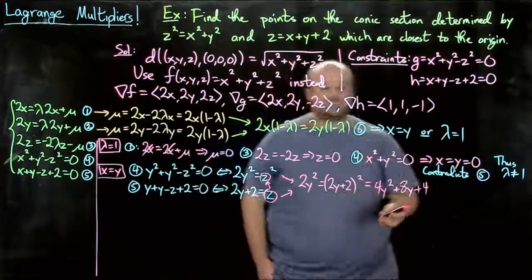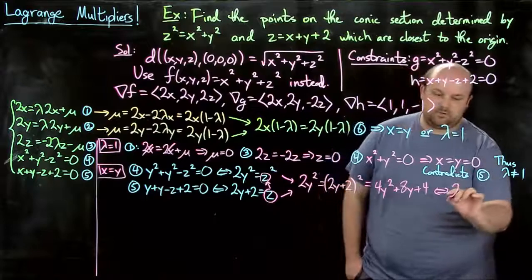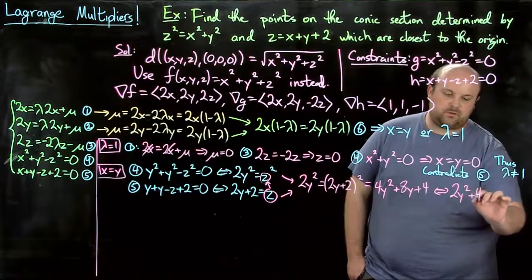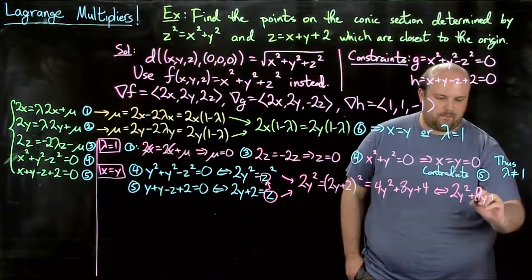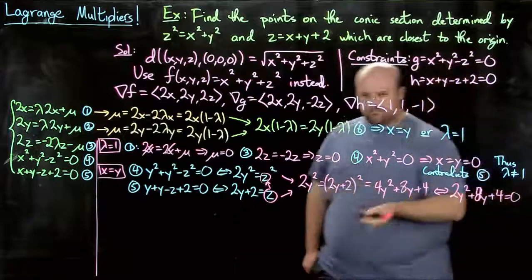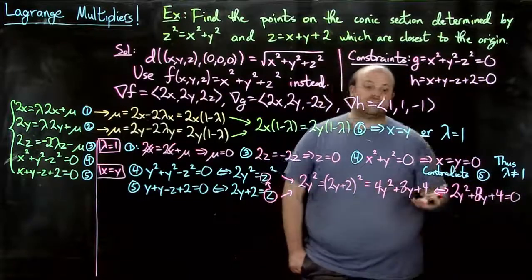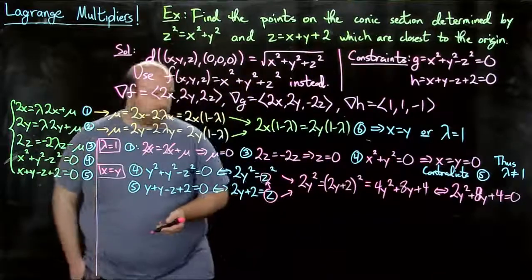So this gives us that 2y squared plus 4y plus 8y plus 4 is 0. Now we need to solve for y. Of course, that's just the quadratic formula.